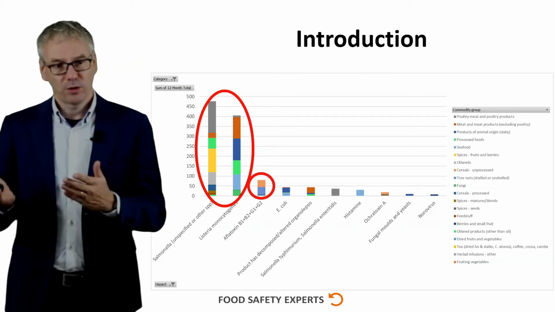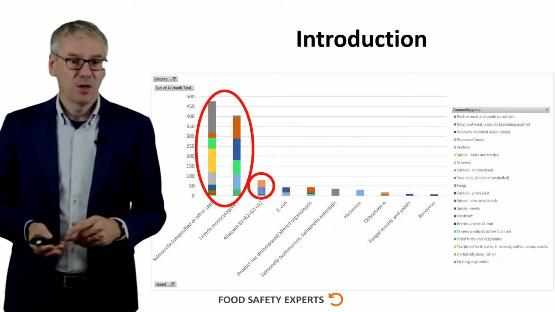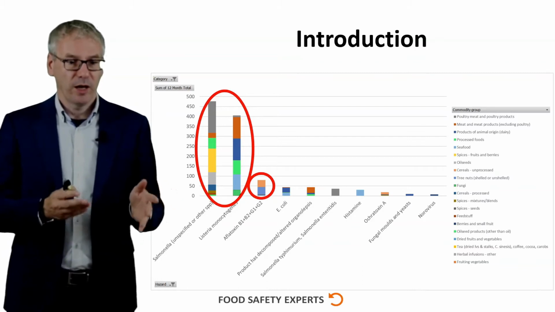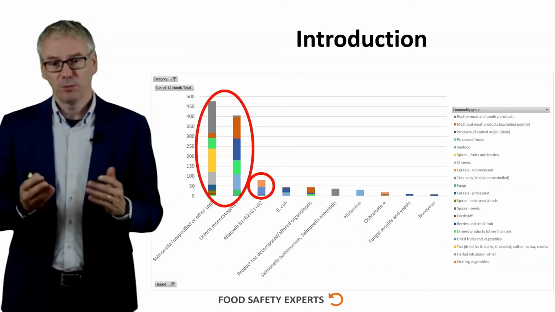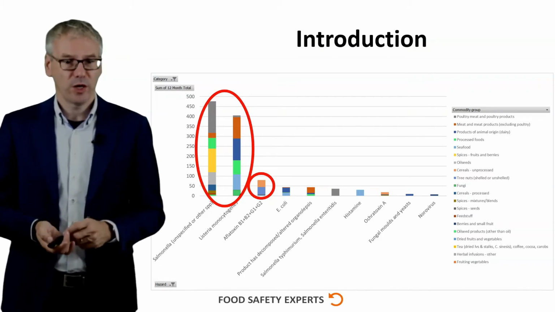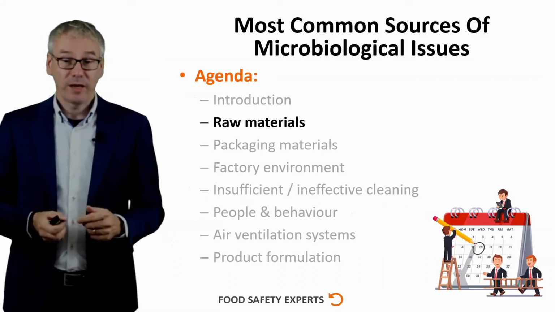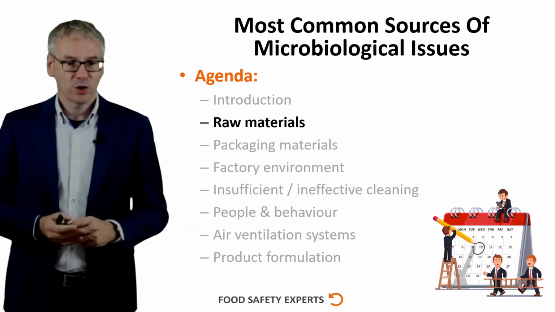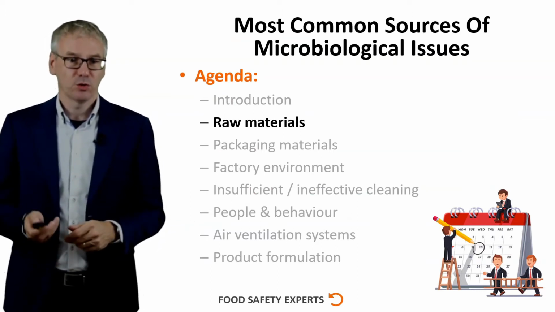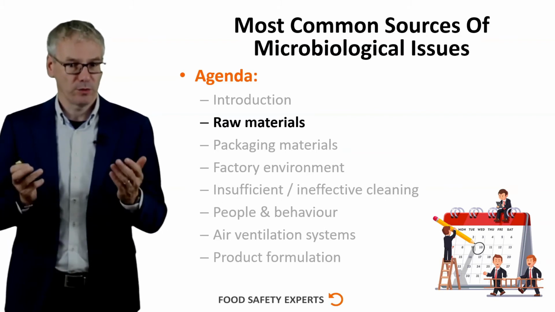And of course, there's a few others as well. But especially salmonella and listeria have a big impact, and we'll see much more about them in today's presentation. Let's now move into all the areas where we see the most common sources of microbiological issues. And we'll make a start, of course, with the raw materials.